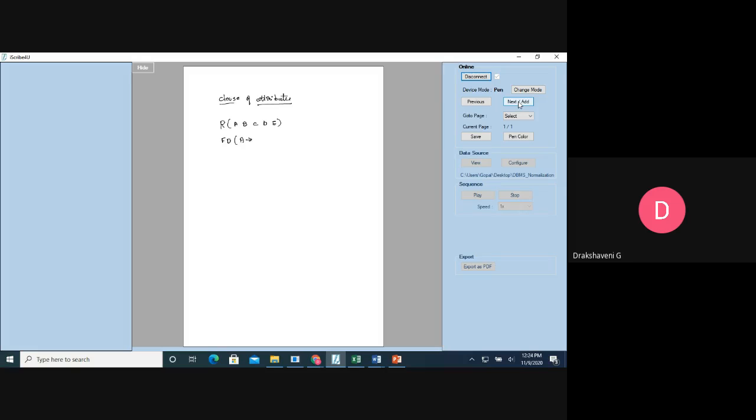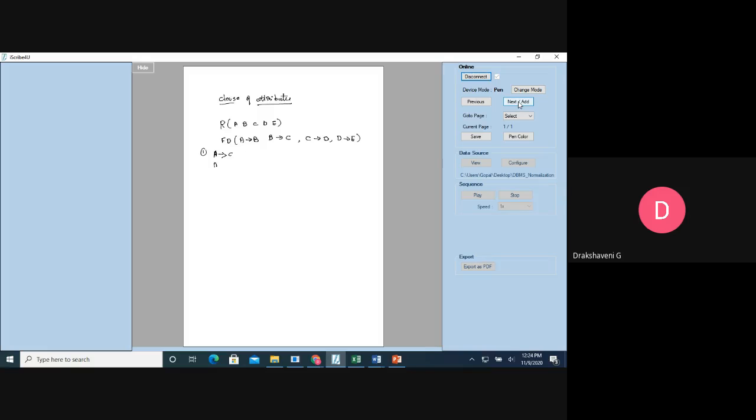If A tends to B, B tends to C, C tends to D, then D tends to E. Yes, so then how do we say A is functionally dependent? Closure. So first let us check with A is first one. A closure.